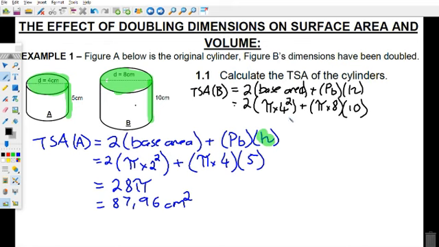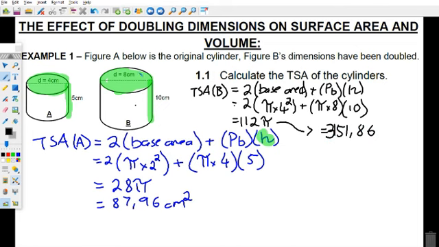So we plug that in, and we get 112 pi, which is equal to 351.86.